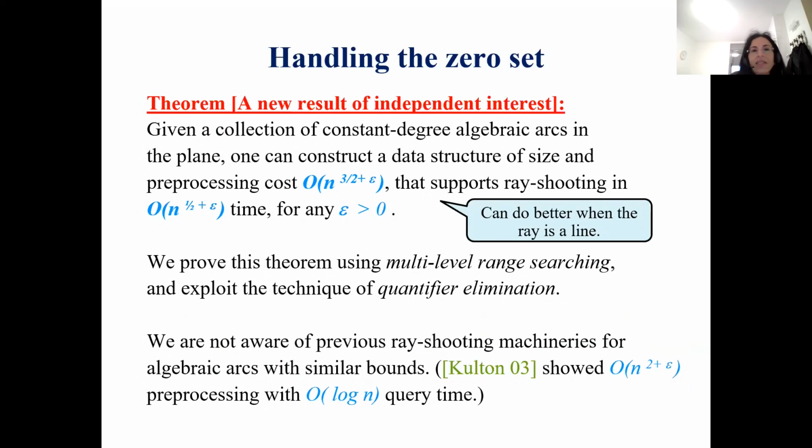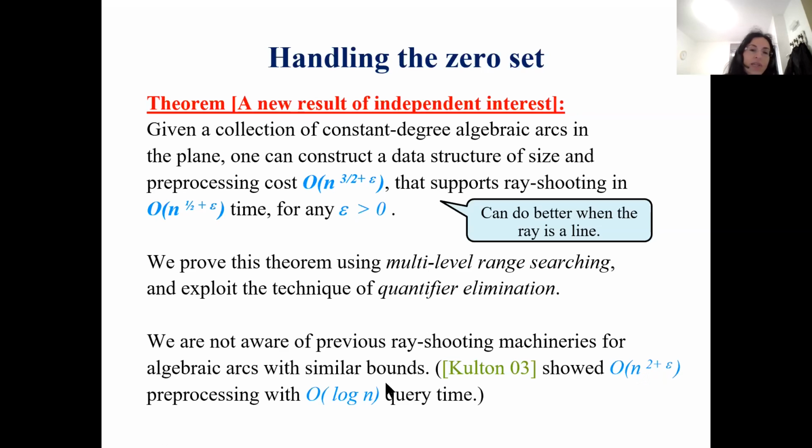Here again, we had to develop a new machinery. It's not that there were no other machineries from previous work. It's just that we did not find a machinery that gives the bounds that we need. For example, there was a previous work by Vlad and Colton who showed that with roughly quadratic preprocessing, one can answer a ray shooting query in logarithmic time.